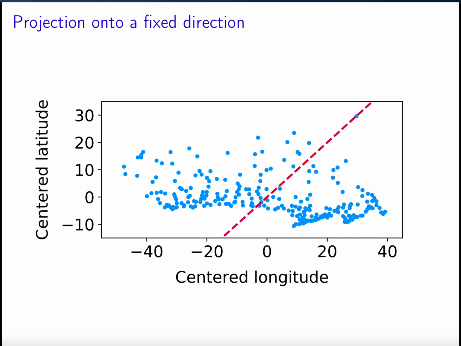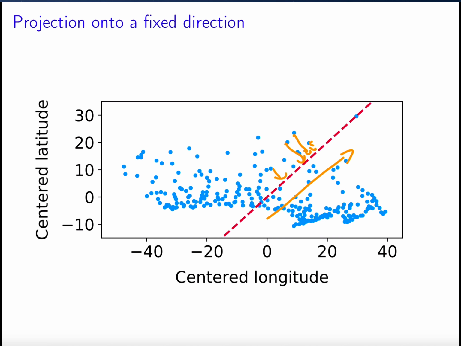So for example, here we're looking at the variance or the sample variance of the positions of the cities when we only look from the southwest to the northeast, and we collapse every point onto this line.